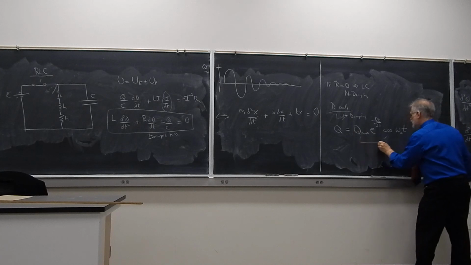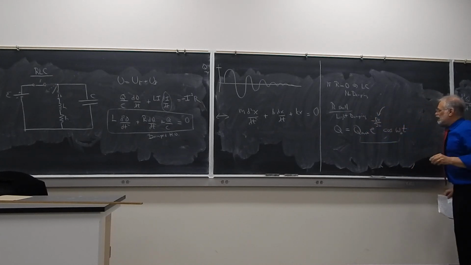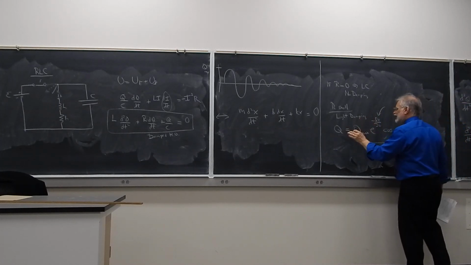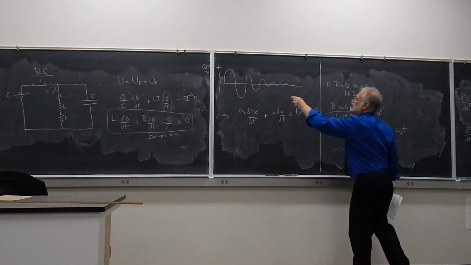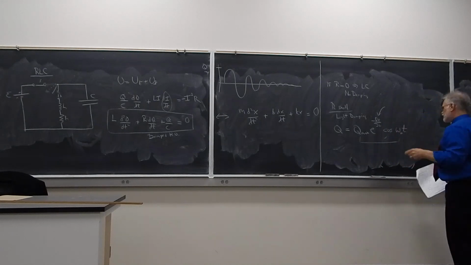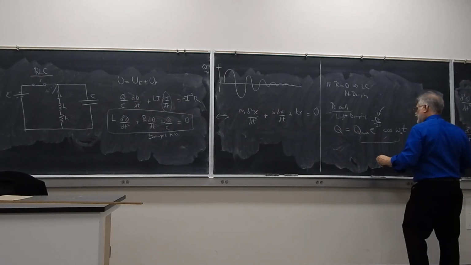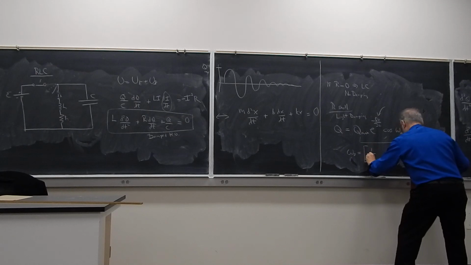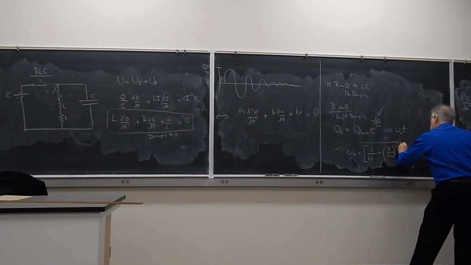Notice this term here is just my oscillations. This term here, of course, is an exponentially decreasing function, which is telling us that the charge is going to be dampened as a function of time. It's going to decrease over time, and I see this decrease in the size of my curve over there. We can write omega damping as 1 over LC minus R over 2L squared, all to the 1/2.